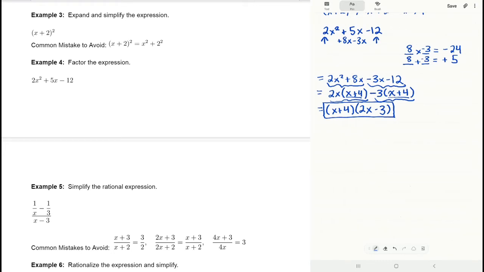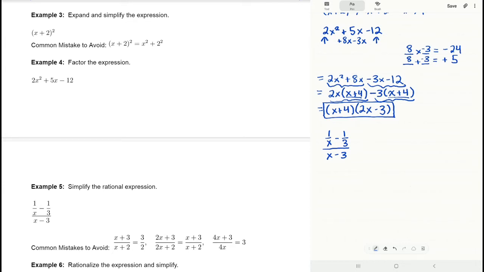Next, we'll look at simplifying rational expressions. So here we have 1 over x minus 1 over 3, and that's all divided by x minus 3. So here we're dealing with multiple fractions. So let's first deal with the numerator.